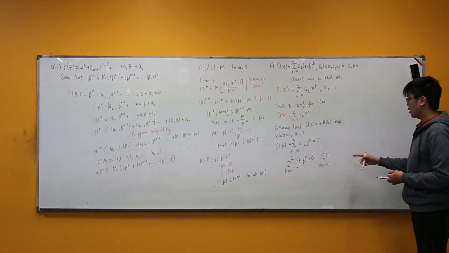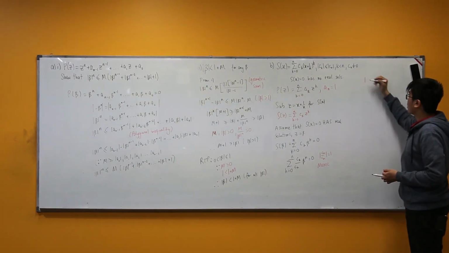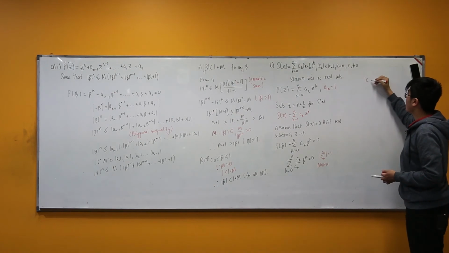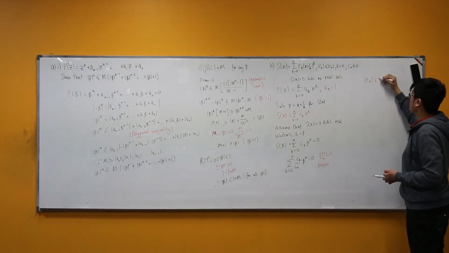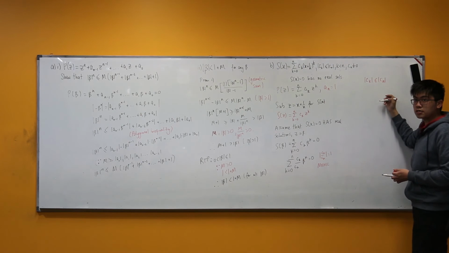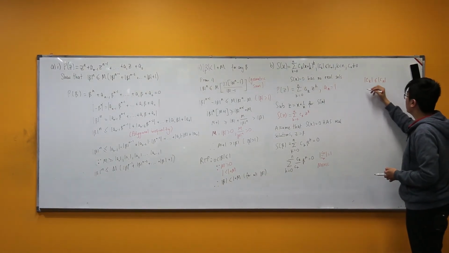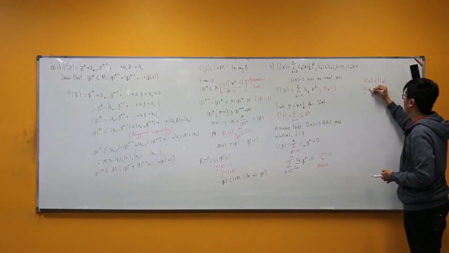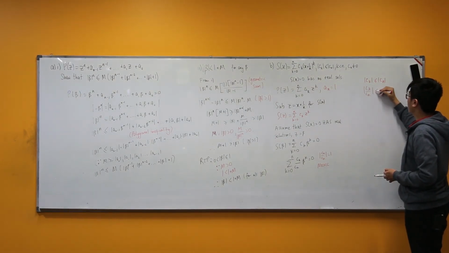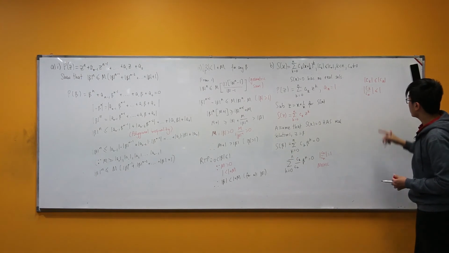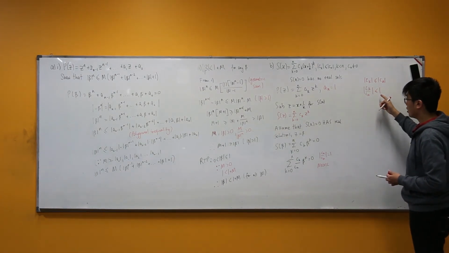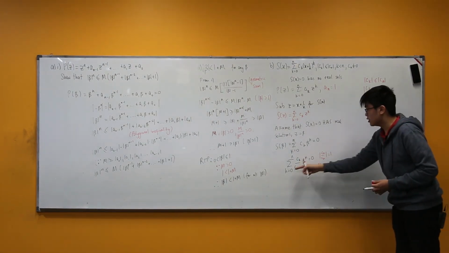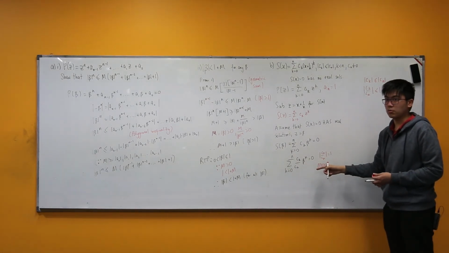Moving on, remember that we were given this condition, the magnitude of ck is less than cn. So since we moved it over, it's now ck over cn, and it is now less than 1. So therefore, the maximum value of all the coefficients in this particular polynomial must be 1.